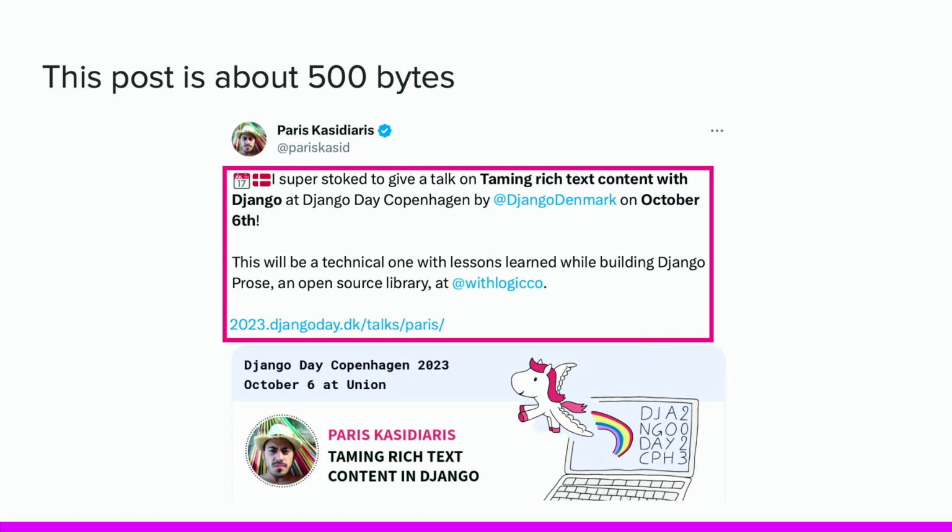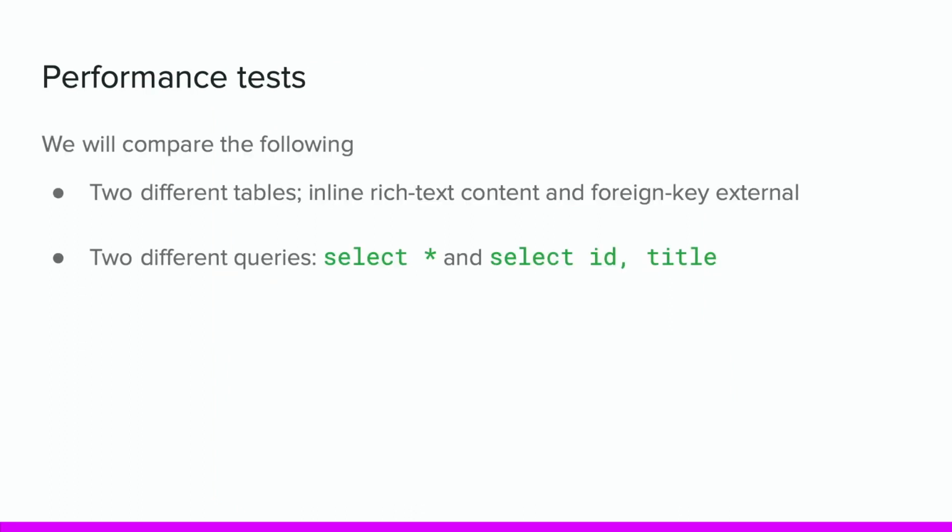And this tweet, if you take the HTML inside the rectangle that I have, is about 500 bytes, a bit less. And we will see some performance tests if we imagine this application with these tweets, and we will imagine two different tables.